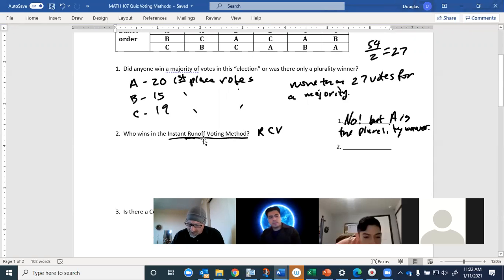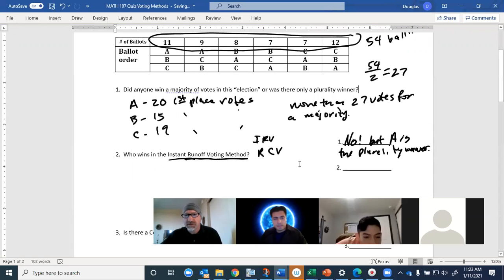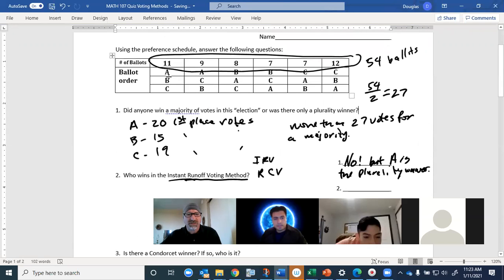This is IRV or RCV, instant runoff voting, a ranking where you rank the candidates. That's ranked choice voting, and this is instant runoff voting. So here's how the instant runoff voting method works, and we'll spend most of the time on this.